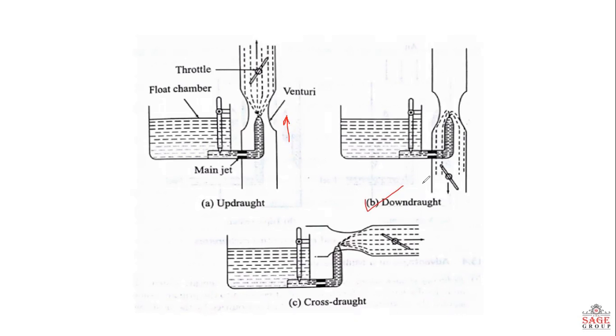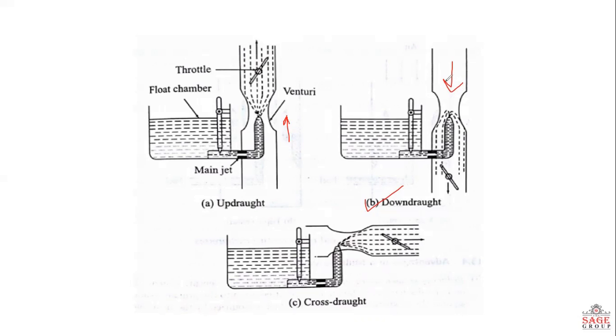It is placed at a level higher than the inlet manifold, and the air and fuel generally follow a downward course. Here, the fuel does not have to be lifted by friction as in updraft, but moves into the cylinder by gravity even if the velocity of air is low.